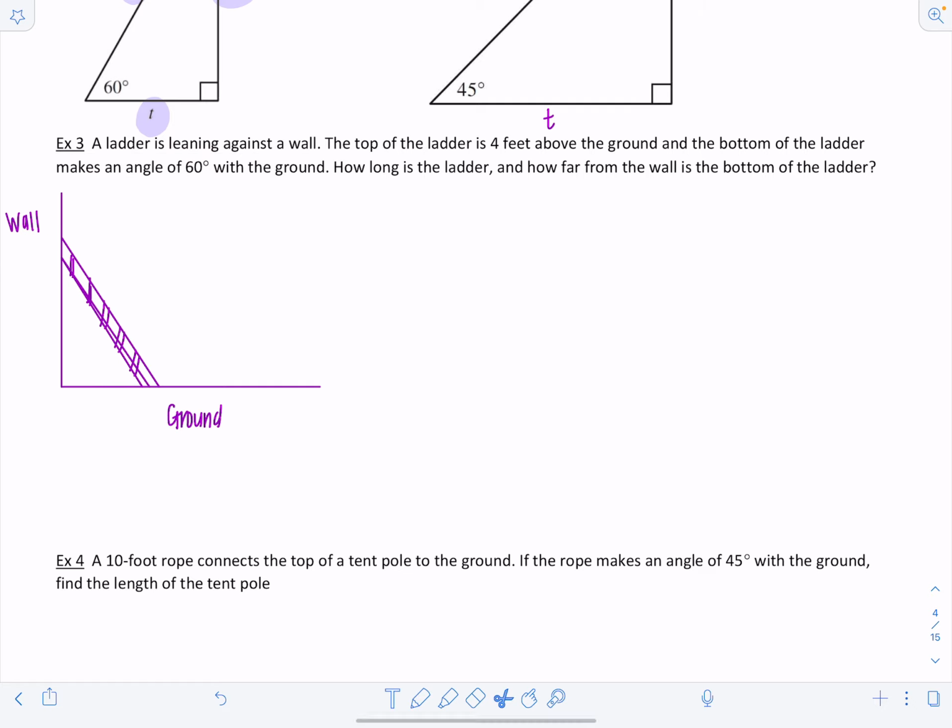So that means this distance right here is 4 feet. Let's switch colors up. This is 4 feet. And the bottom of the ladder makes an angle of 60 degrees with the ground. How long is the ladder and how far from the wall is the bottom of the ladder?